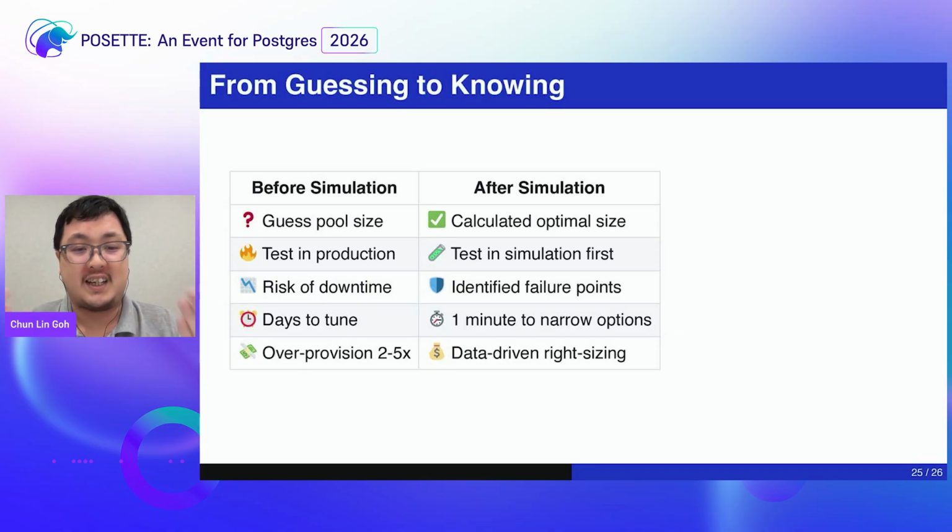You can run as many tests as you want, and you can identify the failure points before they happen on the cloud, which would cost you money. And instead of running it for days or weeks just to see the pattern, you can now narrow it to just a few seconds or 1 minute. And it gives you data-driven results to help you better configure your infrastructure on the cloud.